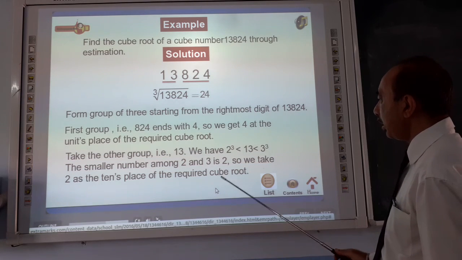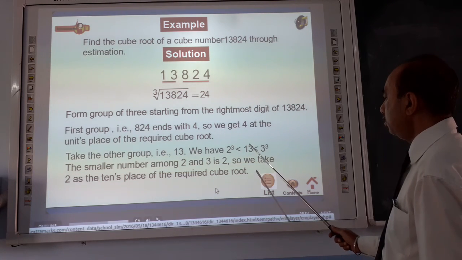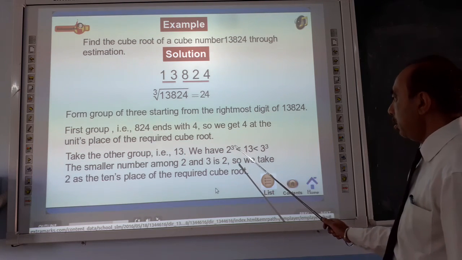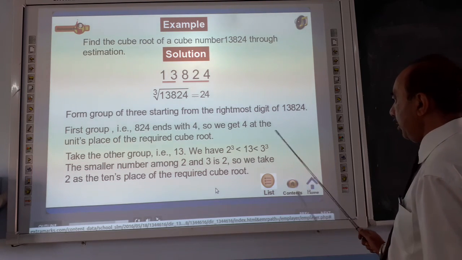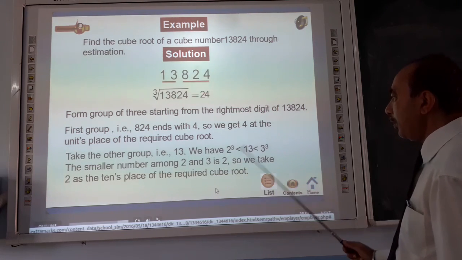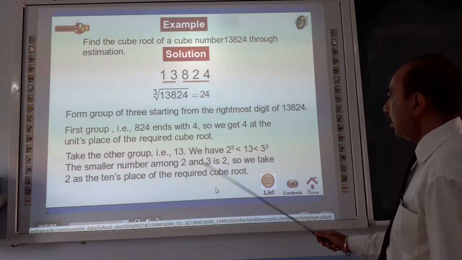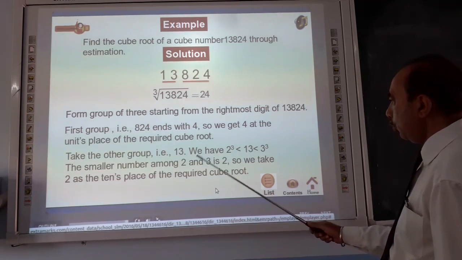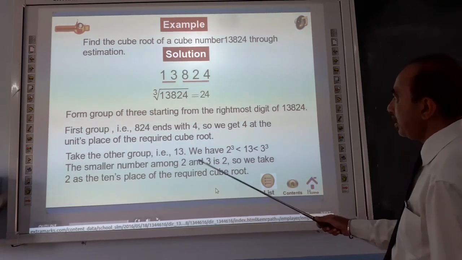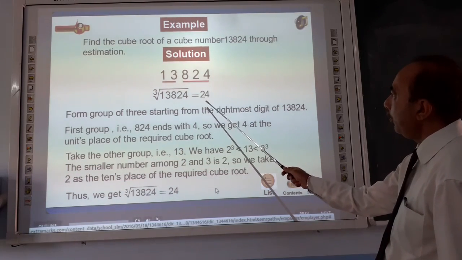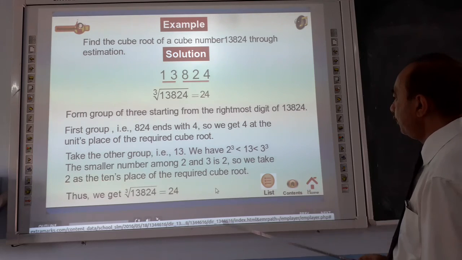Here 13 lies between 8 and 27. 8 is 2 cube and 27 is 3 cube. Now we will see for which it is closer. We will see that it is closer to 2. So at the 10's place we will have 2. So our cube root will be 24.